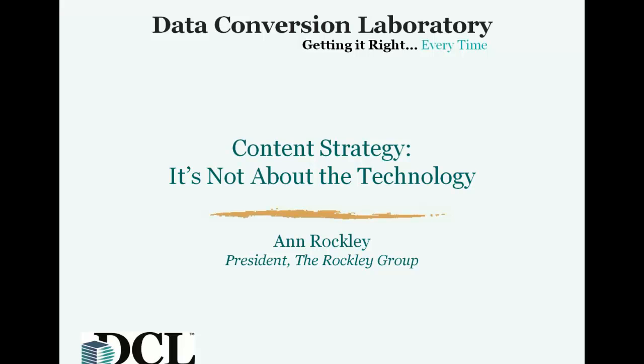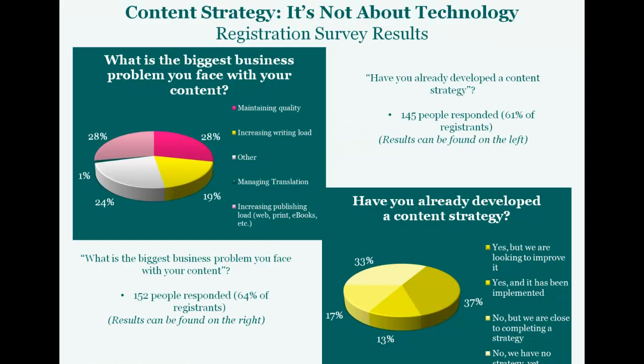Thank you, Hannah, and thank you all for coming. I wanted to start off by showing you some of the registration results. You were asked a number of questions when you registered, and it's always really fascinating to see what people say.